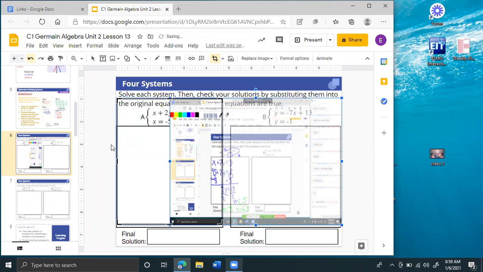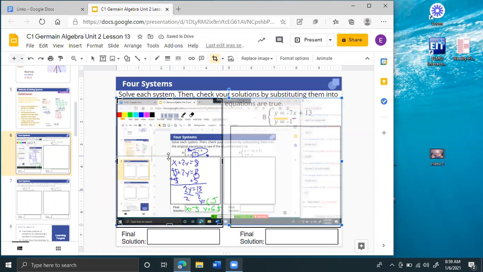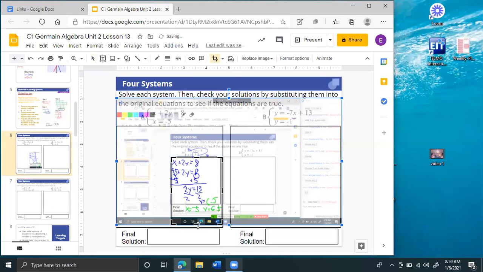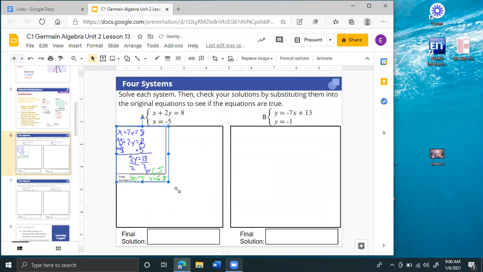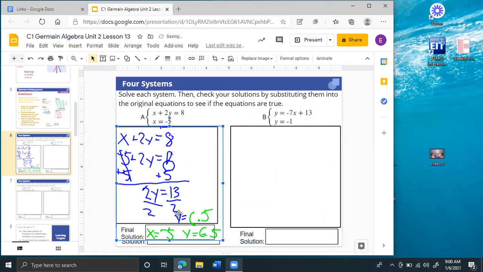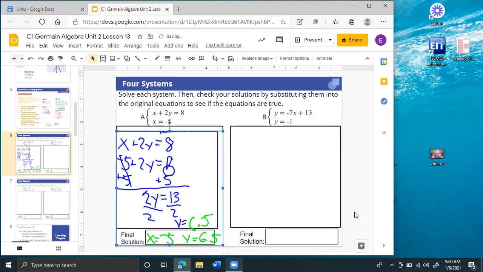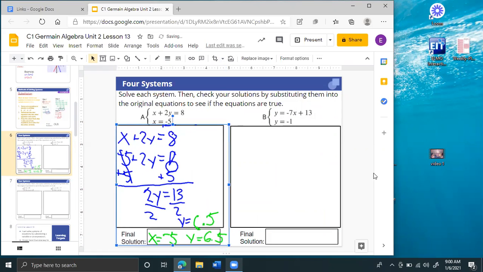Oh, no. There we go. The work from A is up there, if you would like to get it copied down for yourself.